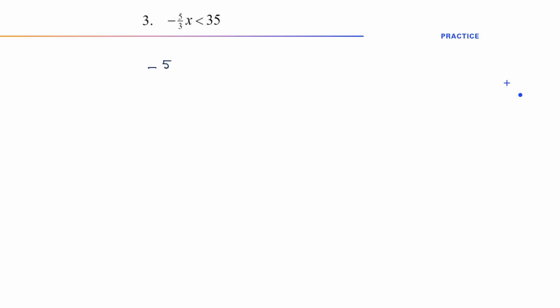Negative 5 over 3 x less than 35, multiply by 3 and divide by 5. Because we use all positive numbers, we can cancel this without changing the direction of the inequality. So we have 5 and 5 that equal 1.